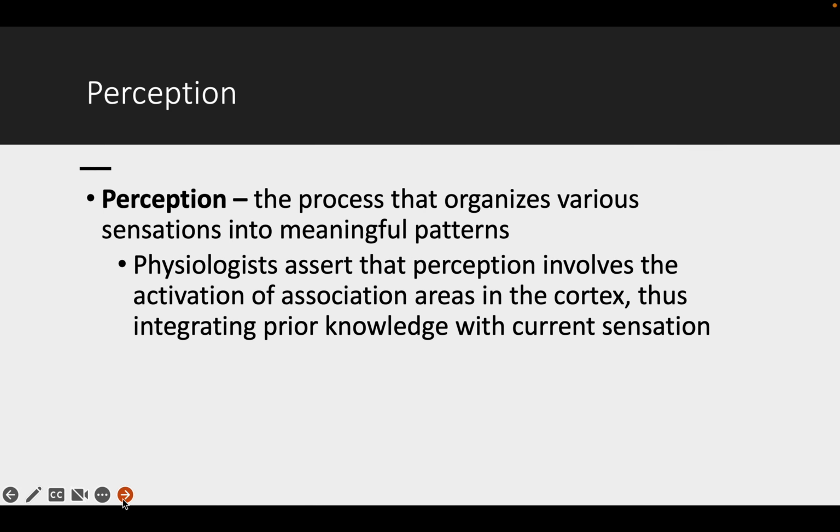Along with sensation, we also have to talk about perception. This is the process that organizes all of our various sensations into meaningful patterns. Think of 3 colored vertical stripes, blue, white, and red, displayed in that same sequence on a piece of material.